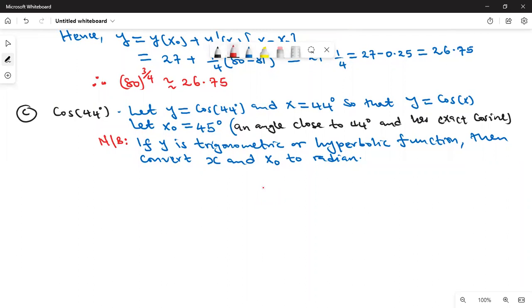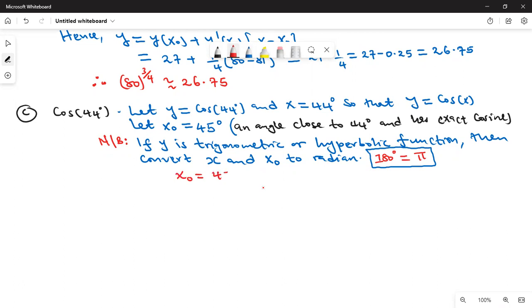So what is 44 degrees? Remember, we are going to use this identity, or simply this formula, that 180 degrees is the same as pi radian. That is how you're going to convert from degrees to radian. So therefore, what will be our x naught and what will be our x? Let's start with x naught. X naught will now be, if 180 degrees is equal to pi radian, what about 45 degrees?